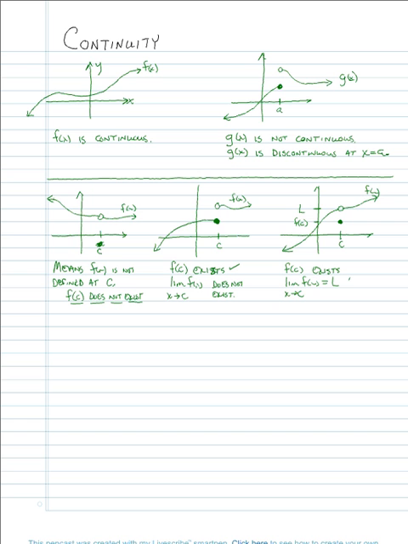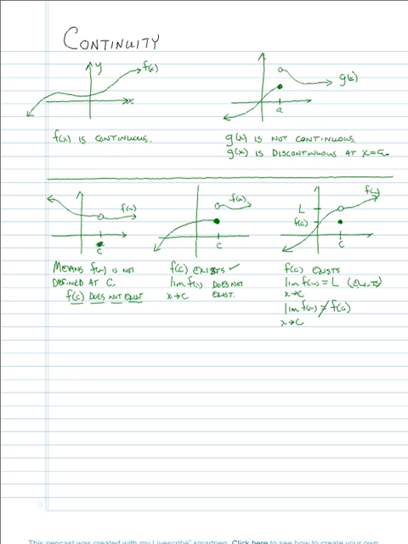Not only does it exist, we know that it is equal to L. But the problem we have here is that hole ought to be filled in. The limit is equal to L, but that's not the same as f of c. And so the broken part here is that the limit of f of x as x approaches c is not the same as the way the function is defined at c. It's not equal to f of c.